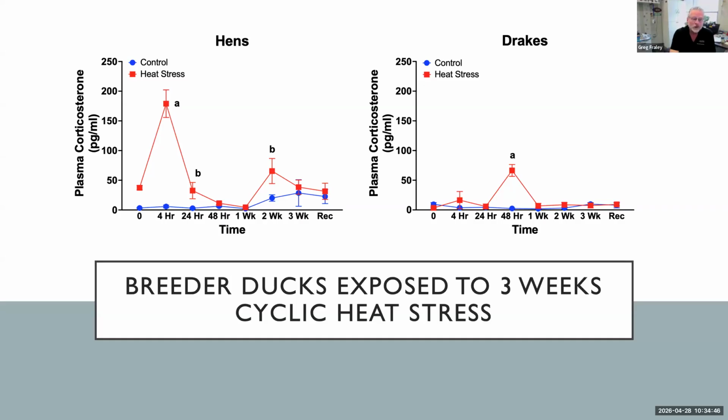But we get a wonderful peak in the corticosterone response early on in both sexes that then wanes and comes back down to baseline. And this is a phenomenon that is absolutely well established since the 1980s, with chronic stress.